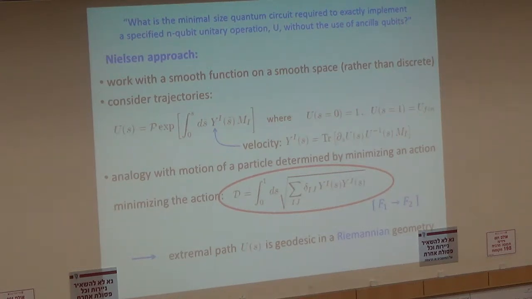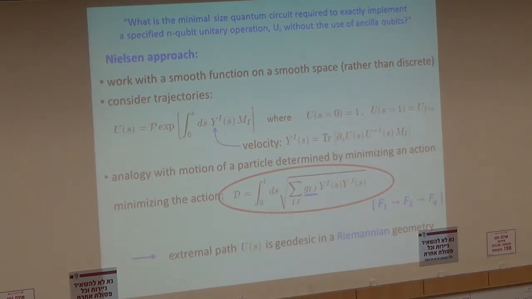So it's the square root of the velocity squared. And this is a particular example of a Finsler geometry, it turns out. But in going to this particular choice, it's something that hopefully we're all going to recognize. It's just the usual geodesic equation in a Riemannian geometry. And so I can use a lot of intuition from classical mechanics or perhaps general relativity in solving this particular problem for geodesics in some unusual space. And we'll figure out what that space is.